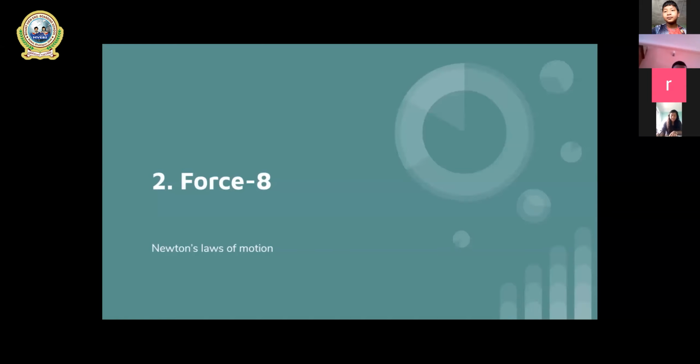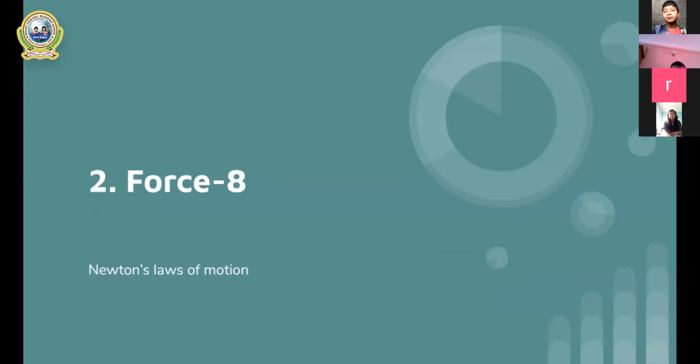So here you can see on your slide, the topic for today's discussion is Newton's laws of motion from the second chapter, force. The whole period, we will be dealing with the laws of motion propounded by Sir Isaac Newton.